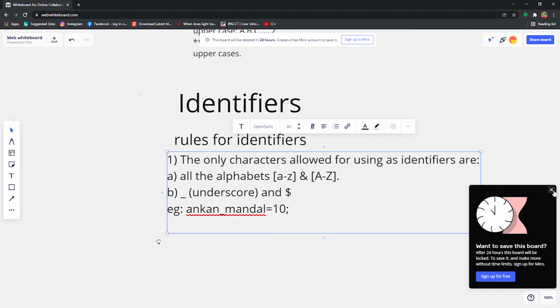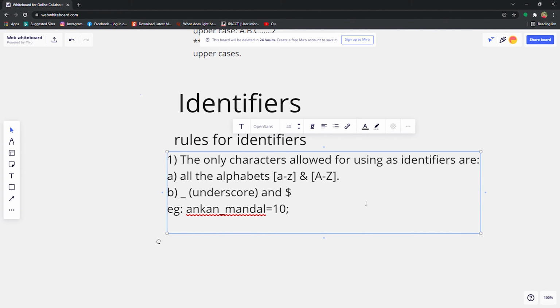So this is the first rule. What can be used? All the alphabets and these two characters, that is underscore and dollar sign.